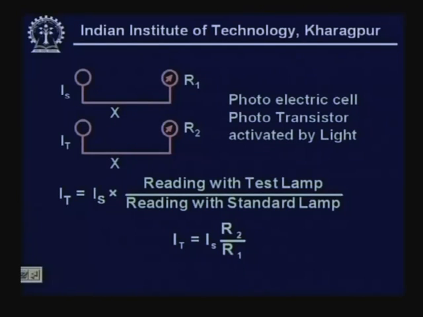In the second case, we got the reading R2. R2 is It by x squared. So, since x is the same, we can say It equal to Is into the reading with test lamp, which is R2, by the reading with the standard lamp. So, this is the way to go about making some measurements.